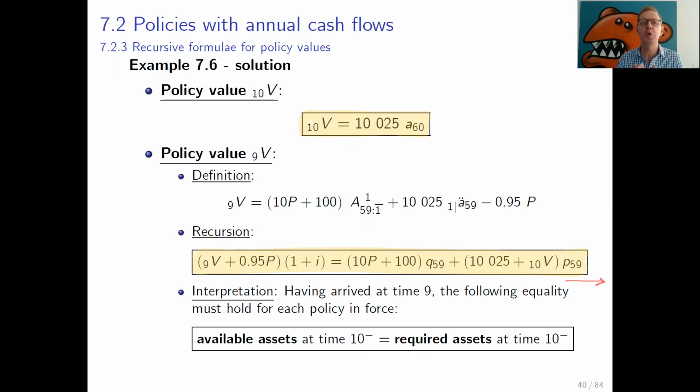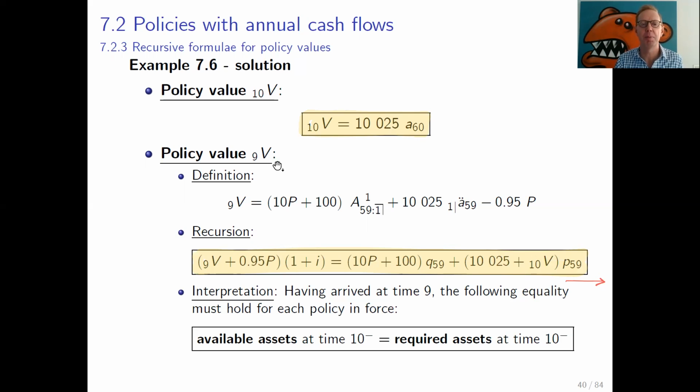So the annuity payment of 10,000 being paid at time 10 has occurred already, has just occurred, let's say, 1 second ago. Therefore, the policy value basis at time 10 is the actuarial value of future benefits, 10,025 ä60, where we use an annuity. Again, the payment of 10,025 has occurred just 1 second ago.